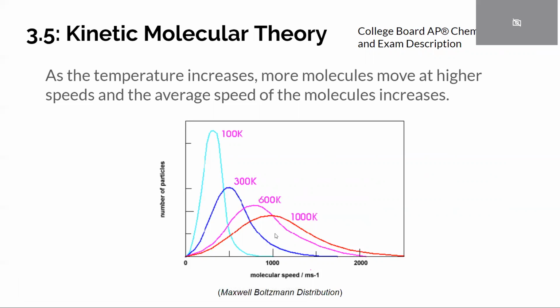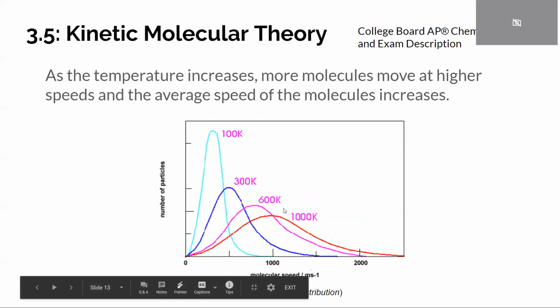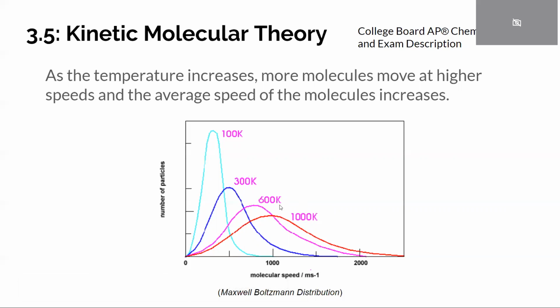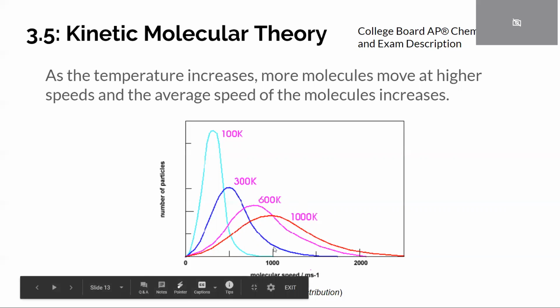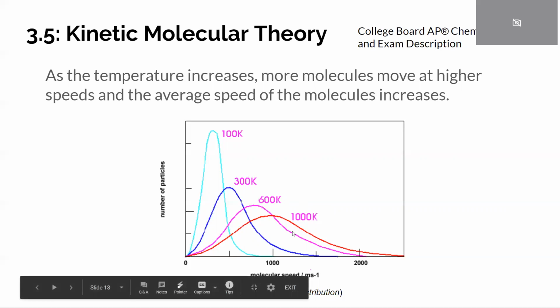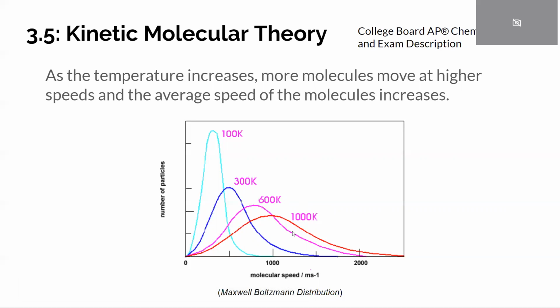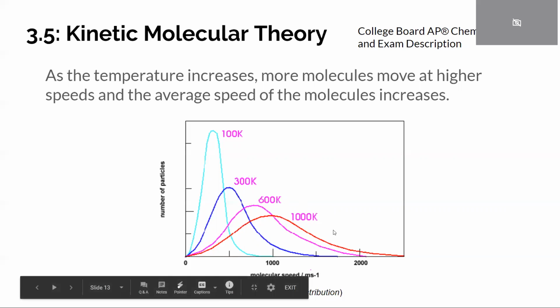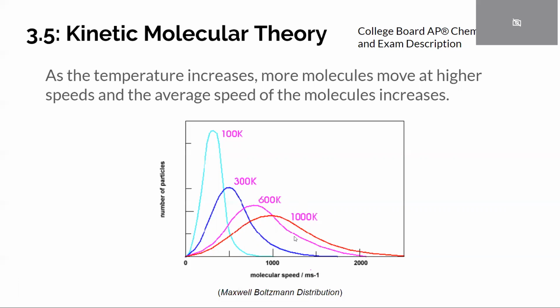There's going to be a line around here, maybe, and this line represents everything past it: particles that have enough kinetic energy to become gases. As you increase the temperature, there are more particles under this curve past the line, which will have more kinetic energy and then will become gases.